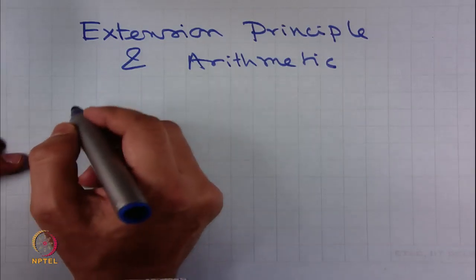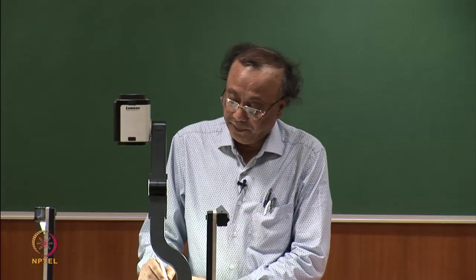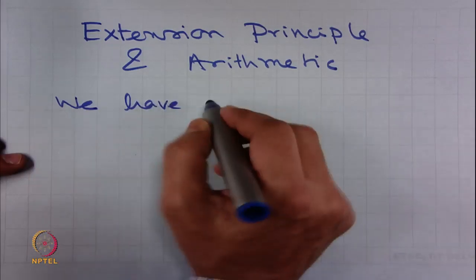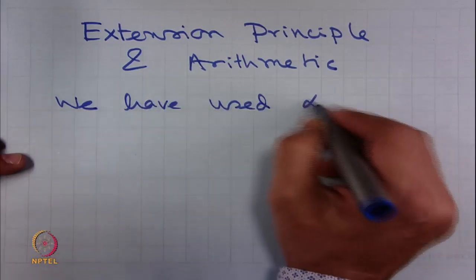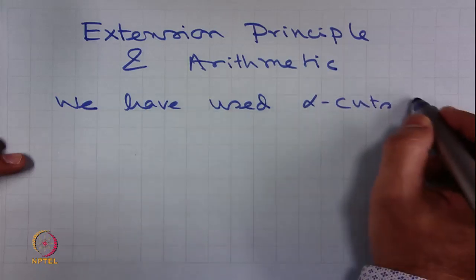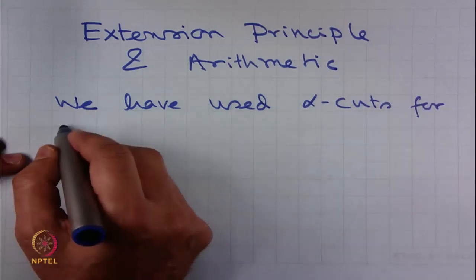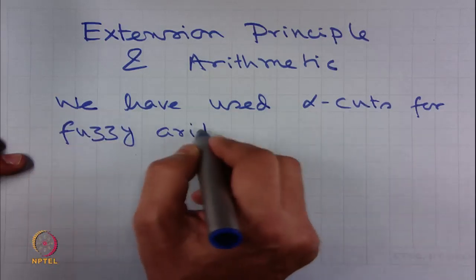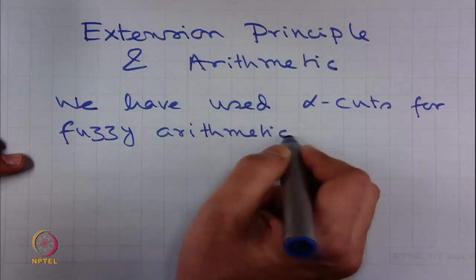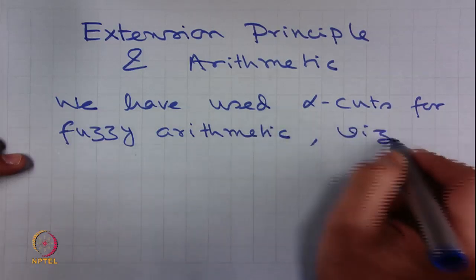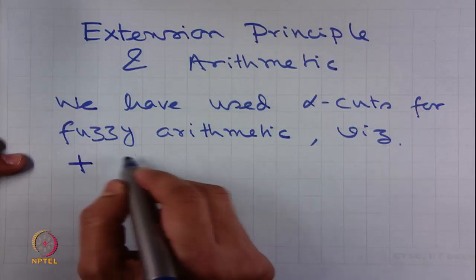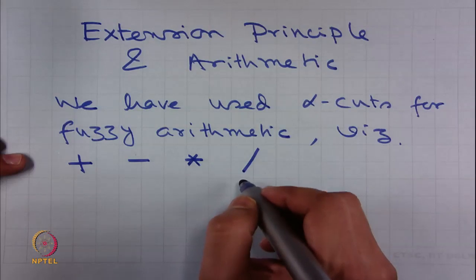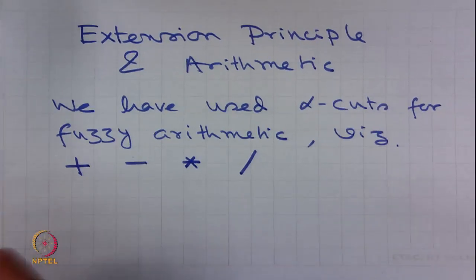Earlier we have done fuzzy arithmetic, and if you remember, we have used alpha cuts for fuzzy arithmetic, namely plus, minus, multiplication and division.